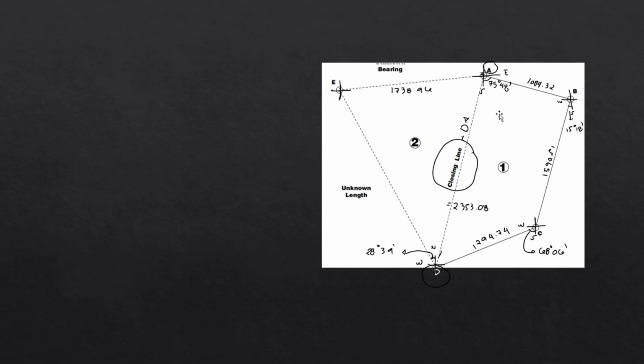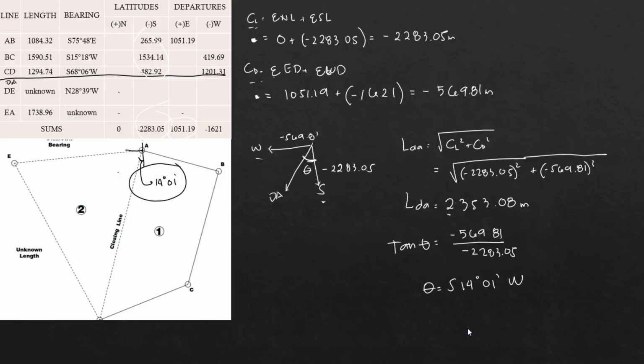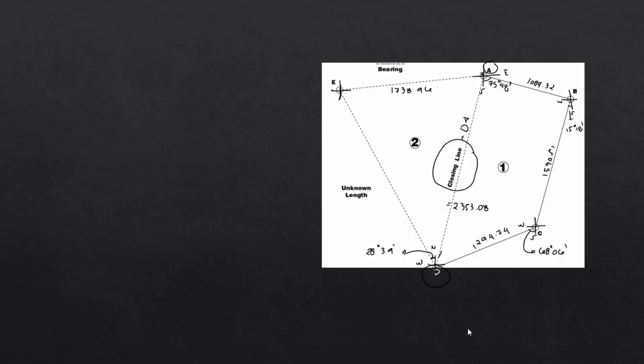Then, meron din tayong nakuha ng angle niya dito, sa part na yan, na 14 degree 1 minute. Okay. So, kung i-zoom natin yung part na yan dito sa point A, sabihin natin, ito yung point A natin.